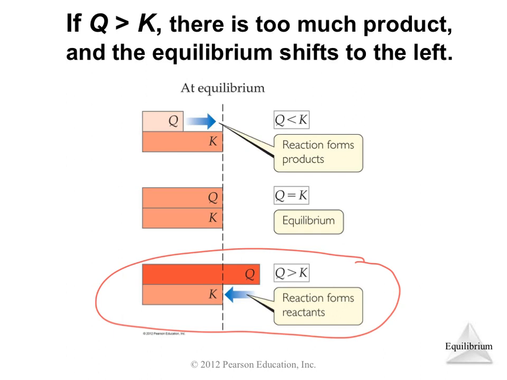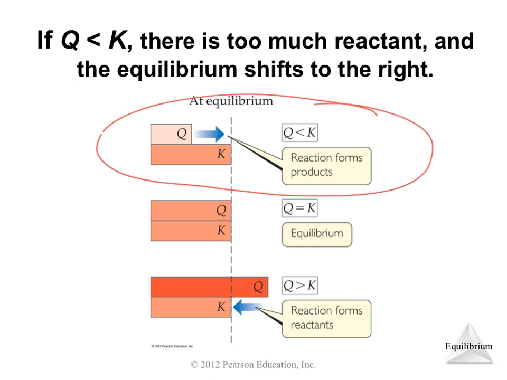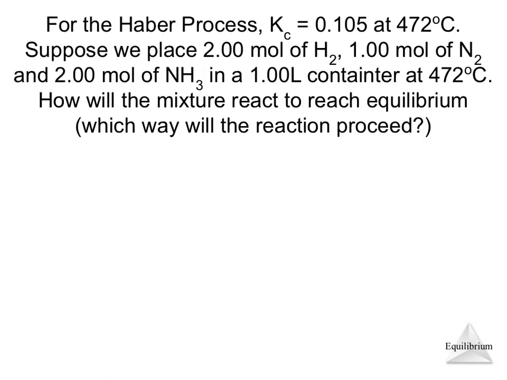If it's bigger, that means the numerator was larger. If Q is less than K, that means there's too much reactant. The denominator was larger, and so we need to shift to the right and make more product in order to get to equilibrium.